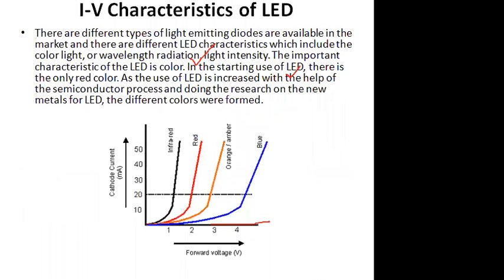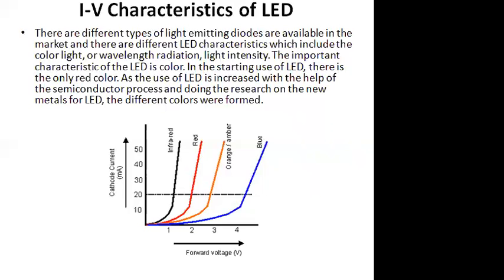So now this is the IV characteristics of LED. In case of a normal PN junction diode, the IV characteristics, this is for forward bias and this is for reverse bias. Okay. So here there is no case of reverse bias, so only the forward bias condition is taken into consideration.